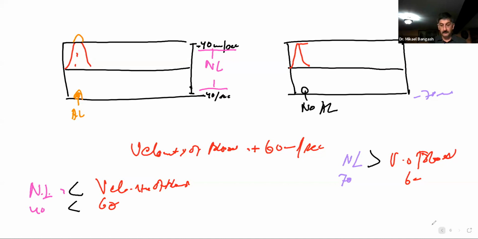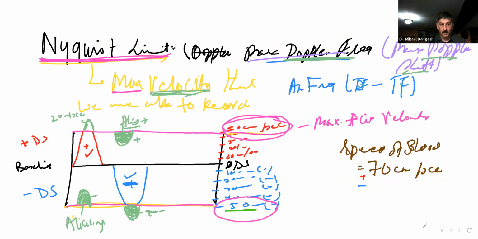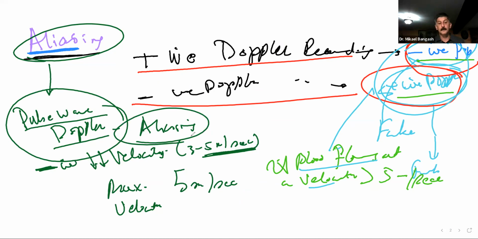Now we're going to take a lot of points together, because I said in the beginning that it's in pulse wave Doppler that we have aliasing.